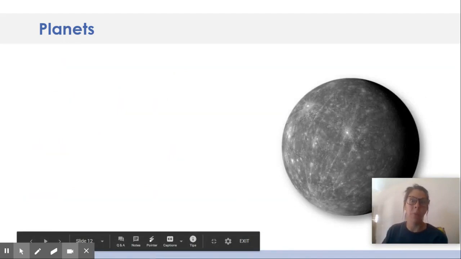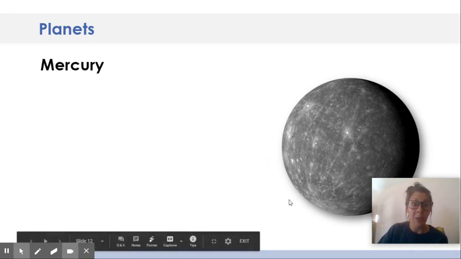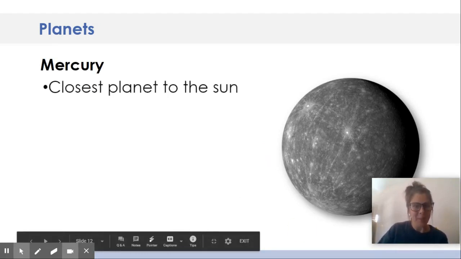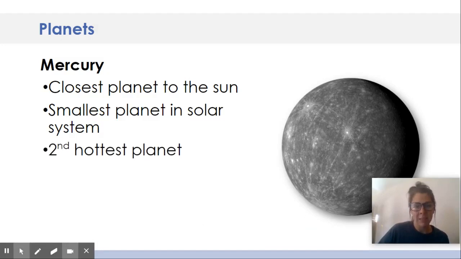And now it's time to jump right into all the planet characteristics. Remember, one of our first goals was, can you describe the physical properties of the planets in our solar system and their location? So the first planet is Mercury. Mercury is the closest one to the sun. It's the smallest planet in our solar system, and it's actually the second hottest.